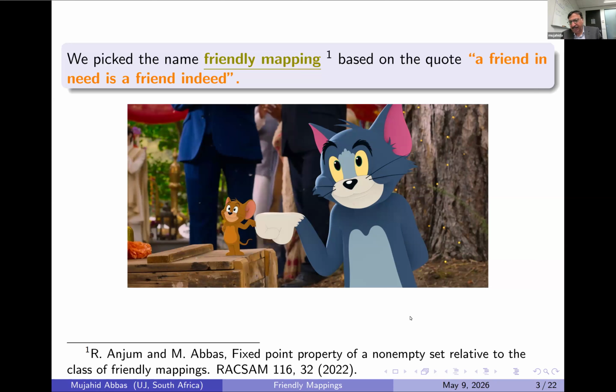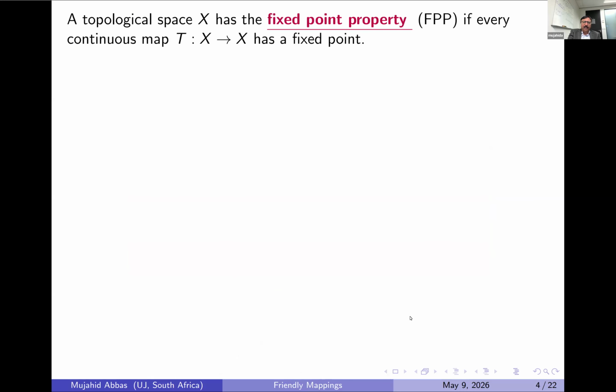As this talk develops, you will find the justification of the name. Why are we calling it a friendly mapping? So let's start with this.